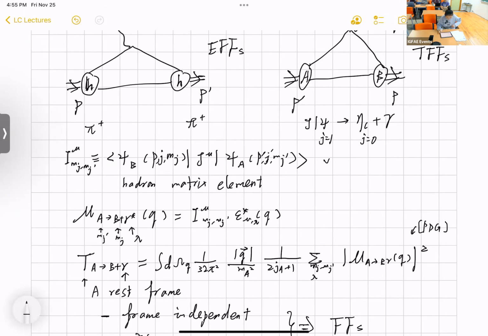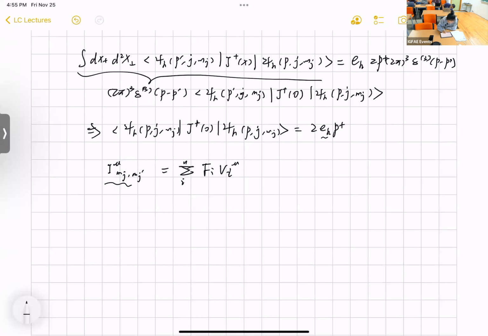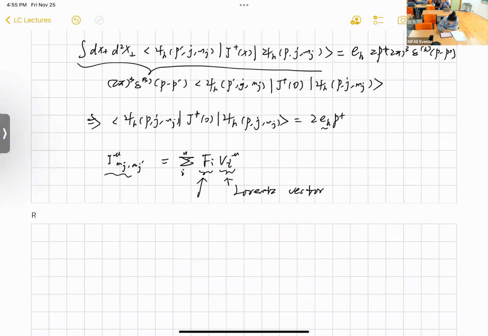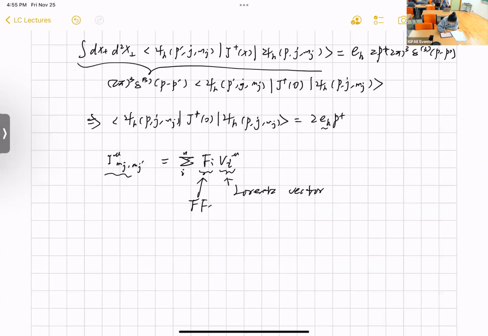We know this quantity, the hadron matrix element, should transform under the Lorentz transformation as a Lorentz vector. So we should be able to decompose it into a linear combination of multiple Lorentz vectors. And the coefficients in front of those Lorentz vectors are the so-called form factors.